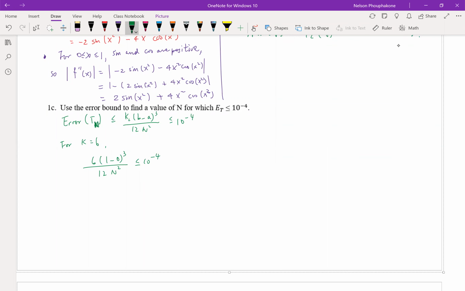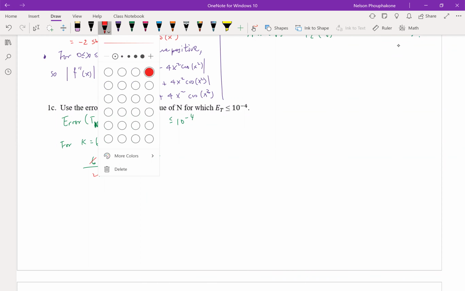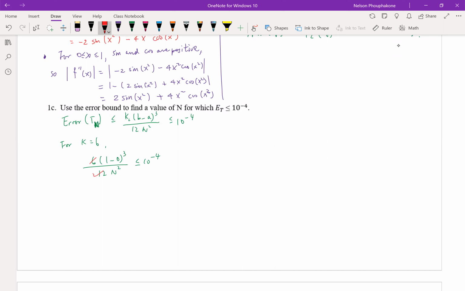So I will have 1 over 2n squared is less than or equal to 1 over 10 to the fourth. And then we have 2n squared must be greater than or equal to 10 to the fourth, right? We take the reciprocal. So I will have n squared is greater than or equal to 10 to the fourth over 2.